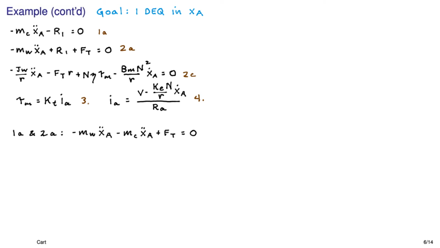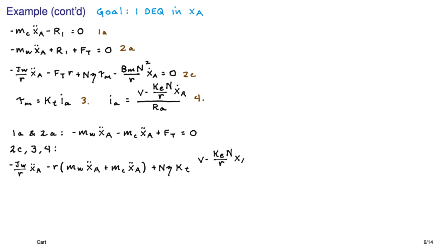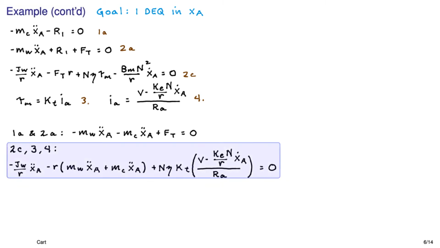So if we combine 1A and 2A, we get this equation. We can essentially resolve out the R1. Think of it as solving 1A for R1 and sticking it into the 2A equation, or the other way around. And now we can combine this, or combine 2C, 3, and 4, and get this equation. Here I've done a couple things.